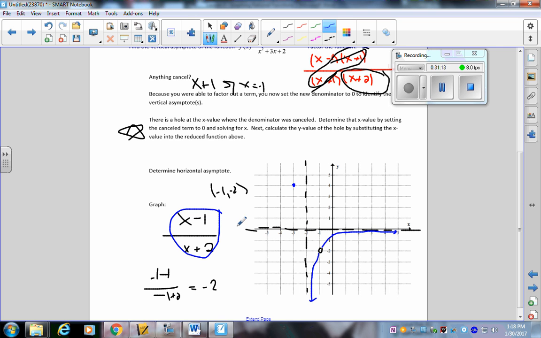So plug in -4, so I get -5 over -2, so positive 5/2. And you can keep going if you want to get more points. If you want to plug in -5, I get -6 over -3, so -5, 2. So that kind of gives you an idea of what your graph is looking like there. All right, so there's my graph.